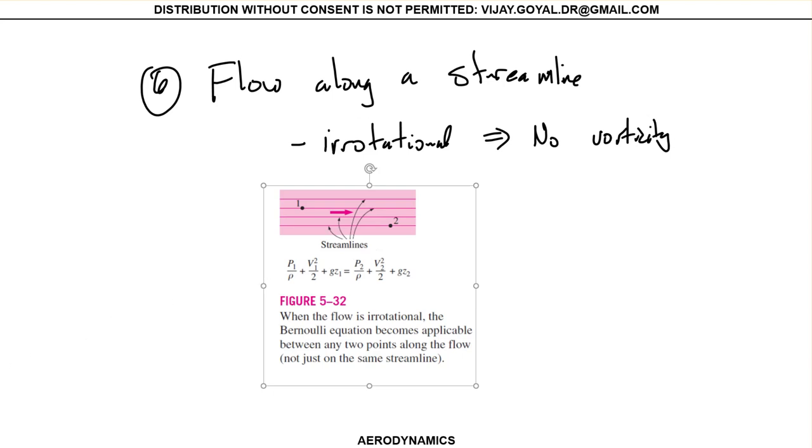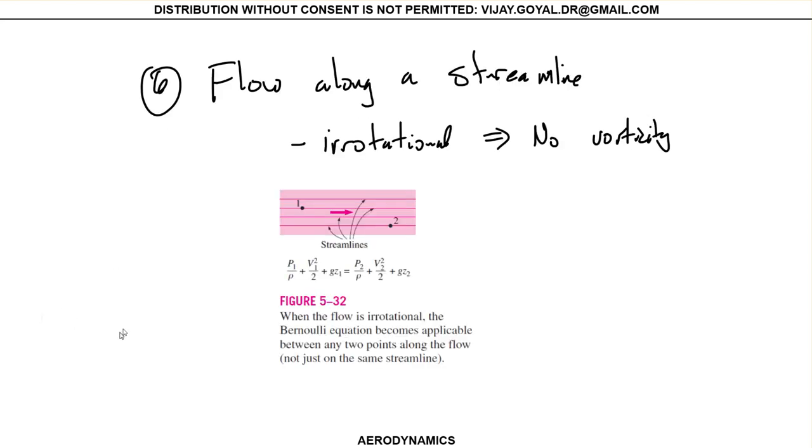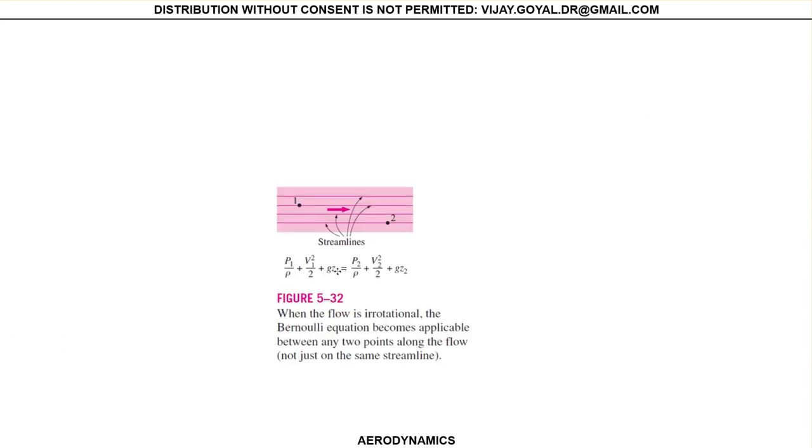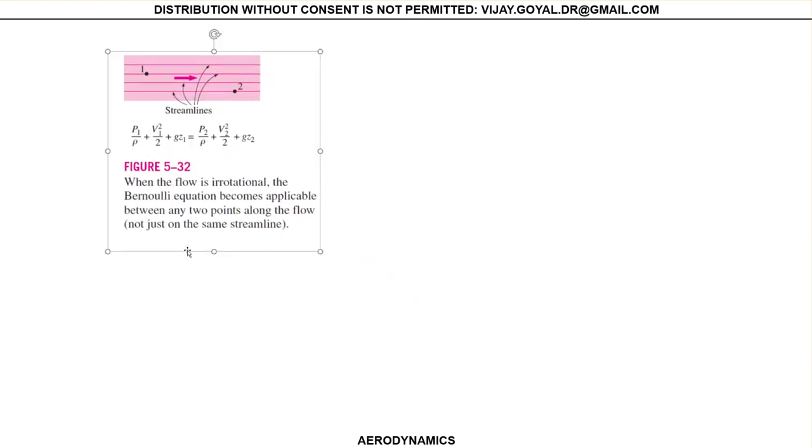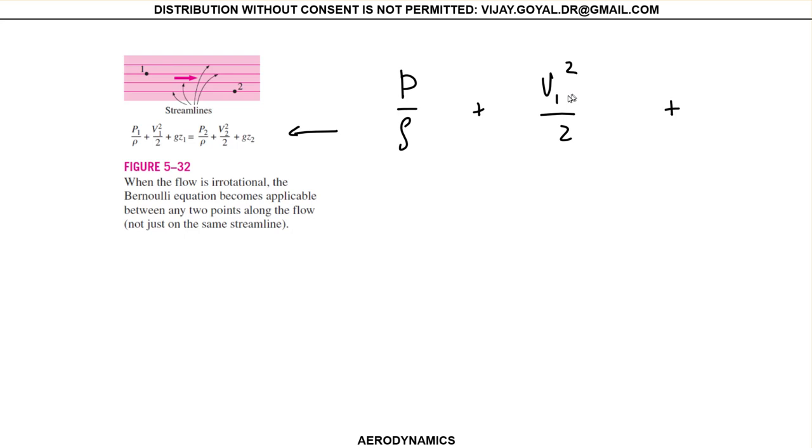Then the other thing that you have to keep in mind: if we take this same equation here, let me just copy this to the next page. This equation is important. You've got P over rho plus V1 squared over 2 plus gz.